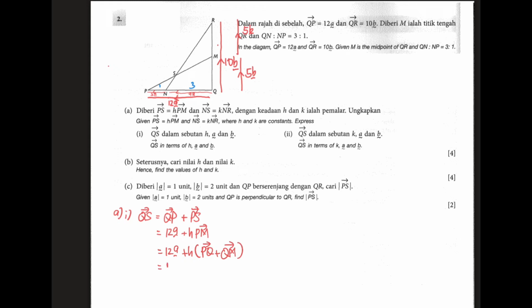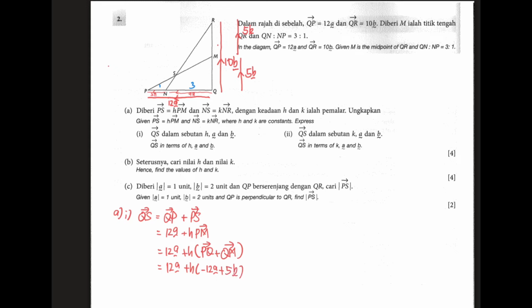And when you look at the picture at the same time, you will realize PQ is negative because of the opposite direction. 12a is to the left, PQ is to the right. So negative 12a. Negative 12a plus QM. So QM is 5b. So we have set out the thing here, 5b.